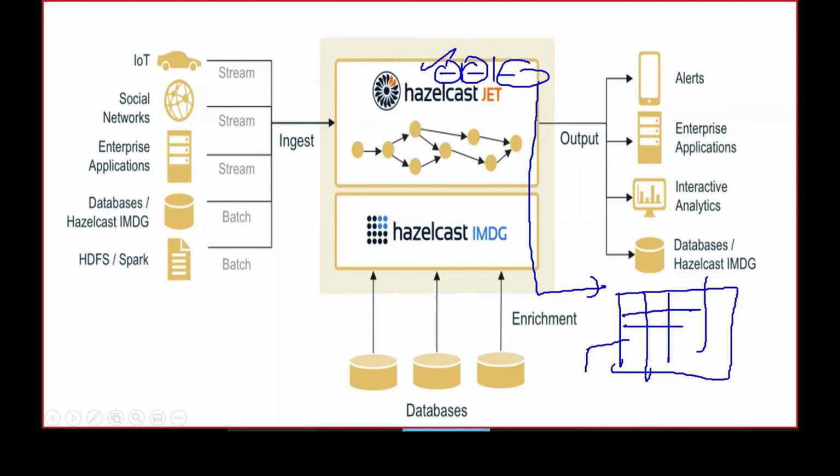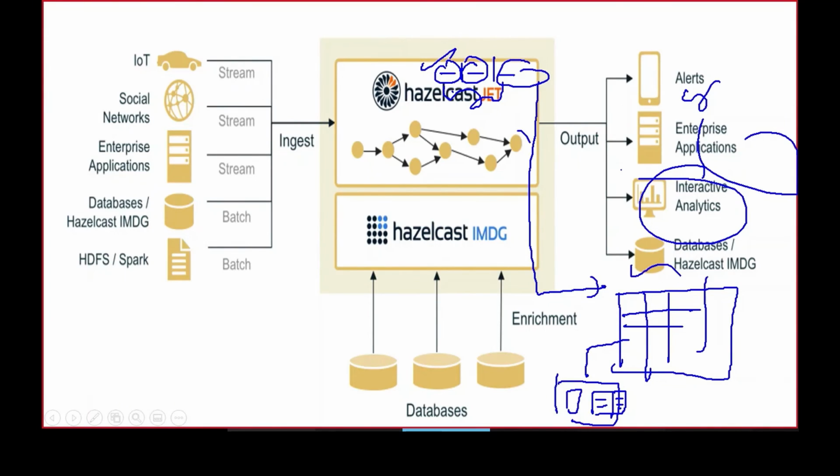Maybe the application might be visualizing it, that is the number of logs that have happened, how many records are stored, and what areas are affected. So you might be providing it on a visual medium. So getting the information, processing it, moving it to one more resource, as specified here. It might be moved to an application, or you might be generating an alert out of it, or it might be storing the information in a database.